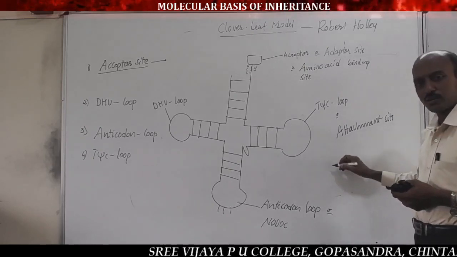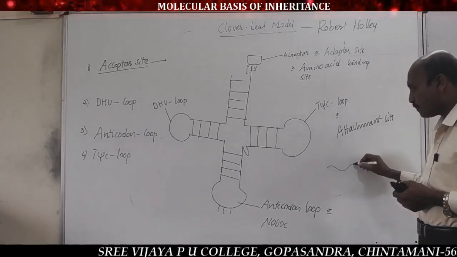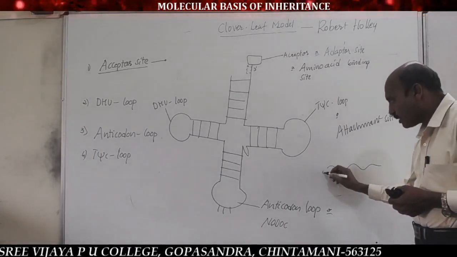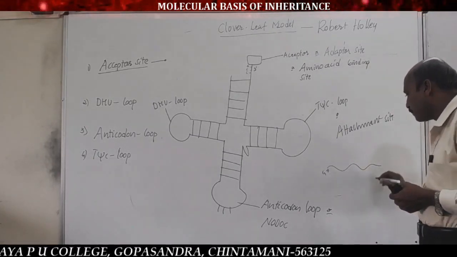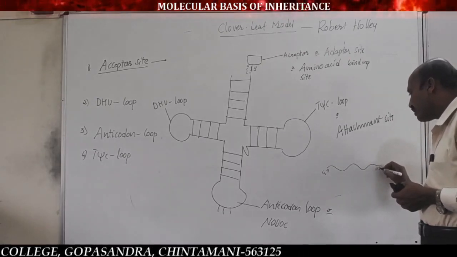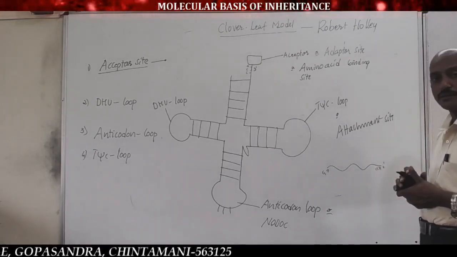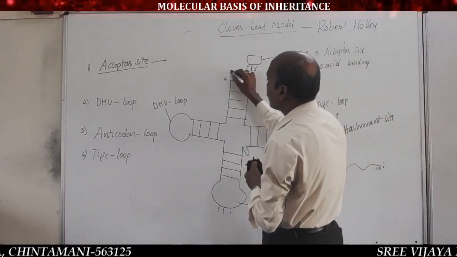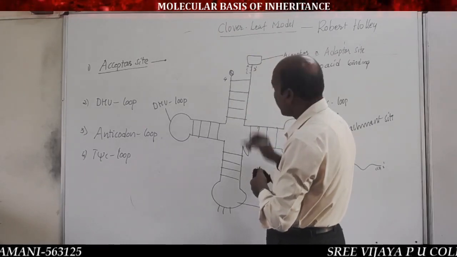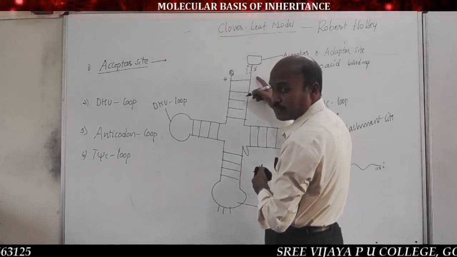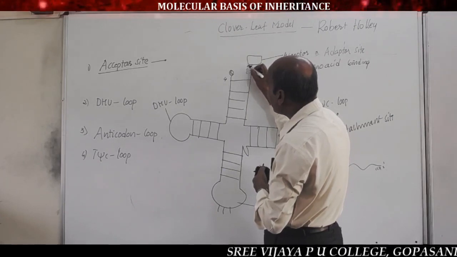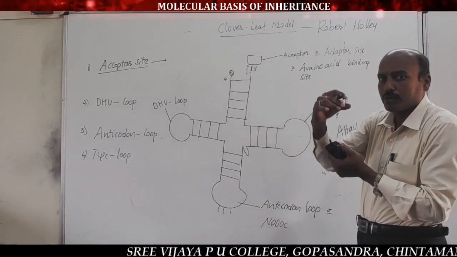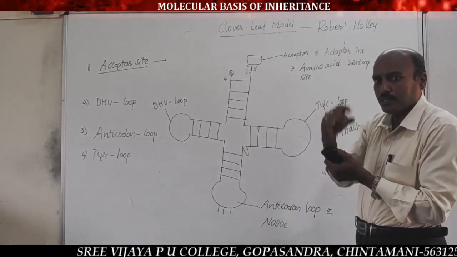Because I have already told you, tRNA is made up of a single-stranded polynucleotide chain that begins with guanine nucleotide at the 5' end and terminates with CCA nucleotides at the 3' end. So the initial point is the 5' end beginning with guanine nucleotide, while CCA nucleotides are the terminal nucleotides. Final step nucleotides, very important for NEET information.